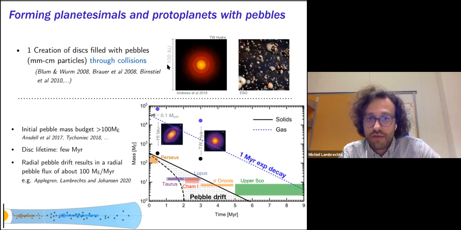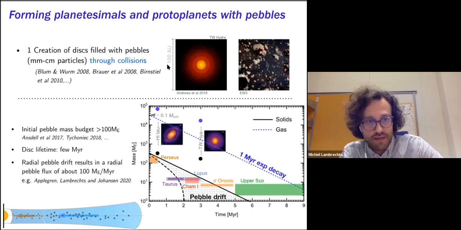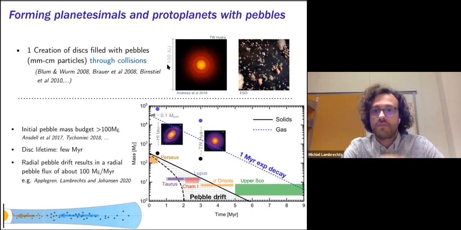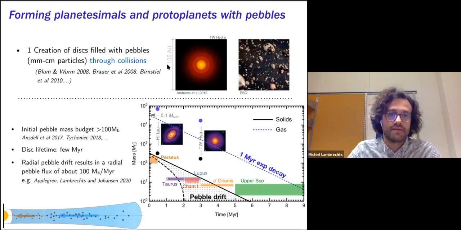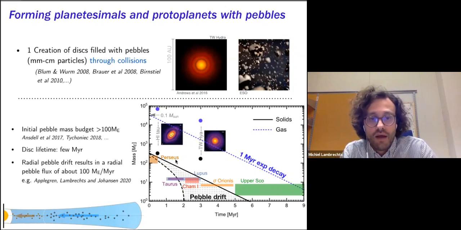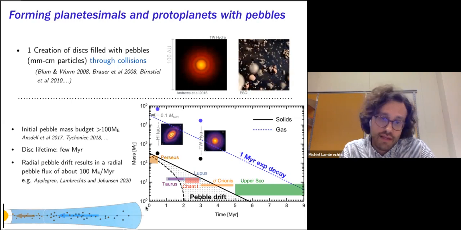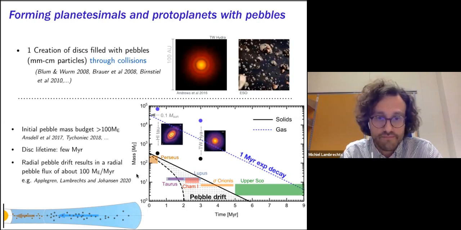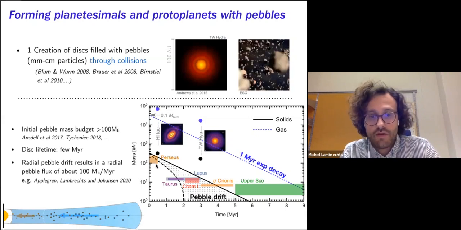You can then do this exercise for different star-forming regions. And now you can learn something about what is the initial mass budget in these protoplanetary disks and how it decays with time through radial drift. Right? So these particles don't keep growing. At some point, they start drifting inwards. Here you have time in million years. Here's the mass that is characteristic for such disk in young star forming regions.